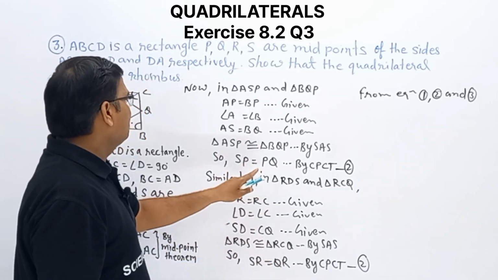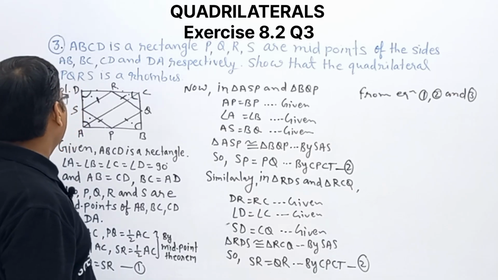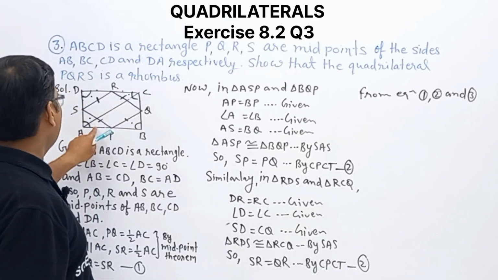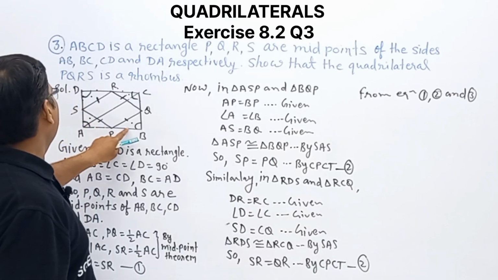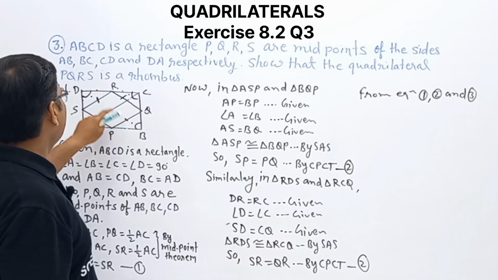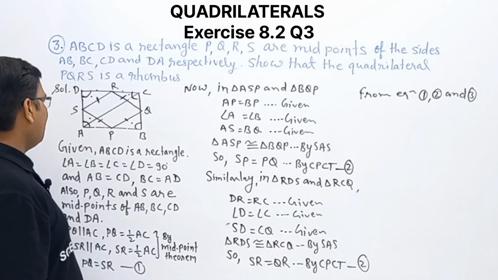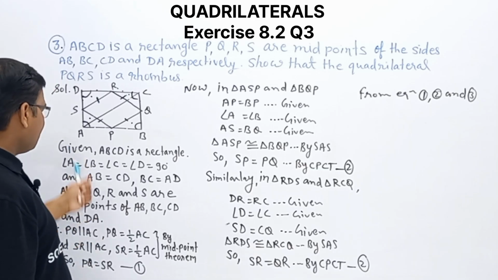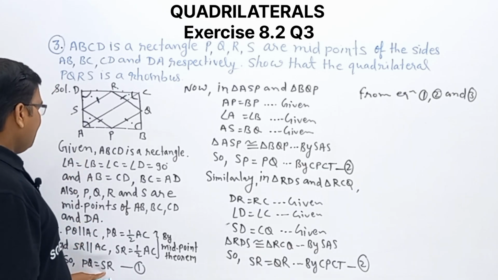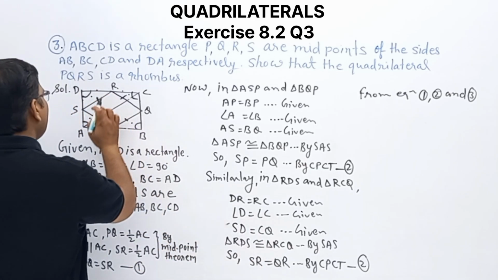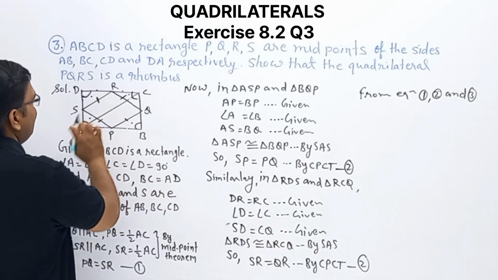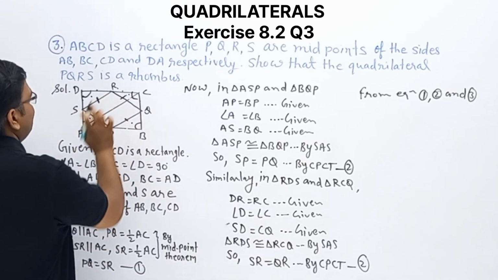So PQ equals SR. Opposite sides are equal and parallel, and SR equals QR.